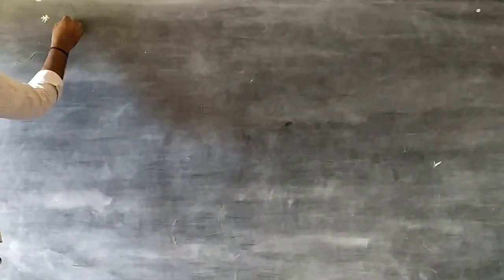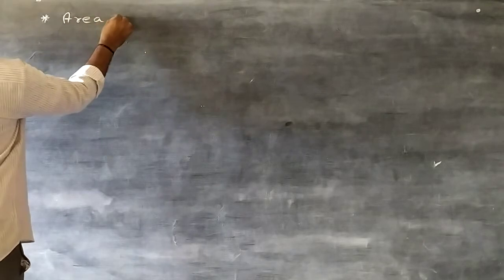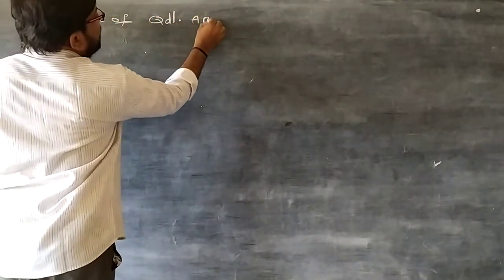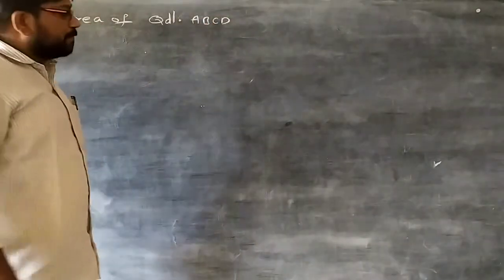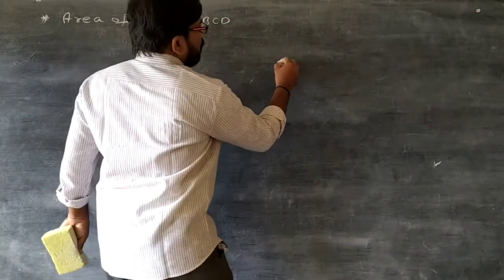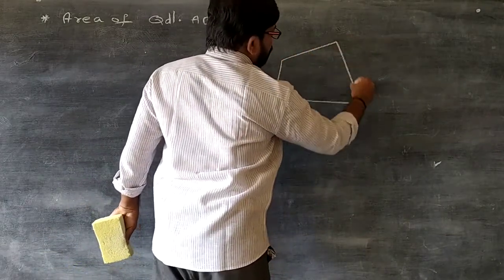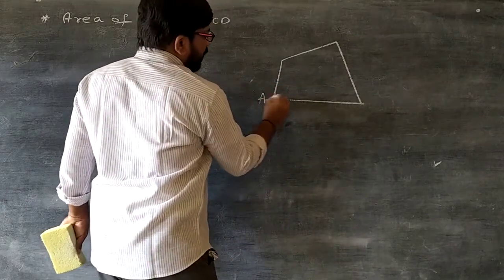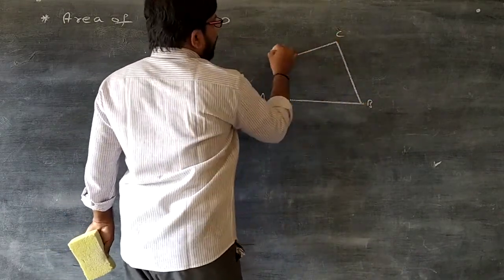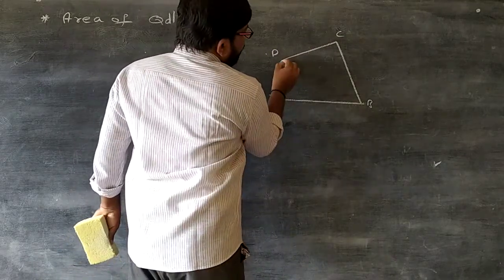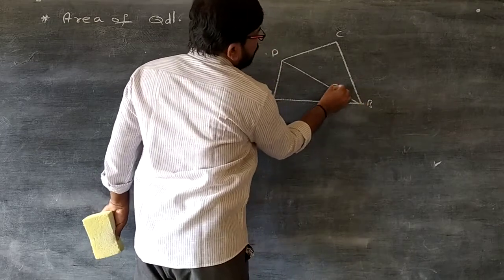Next, area of quadrilateral. Area of quadrilateral ABCD. Observe carefully. It is quadrilateral ABCD, and it has diagonal D1.